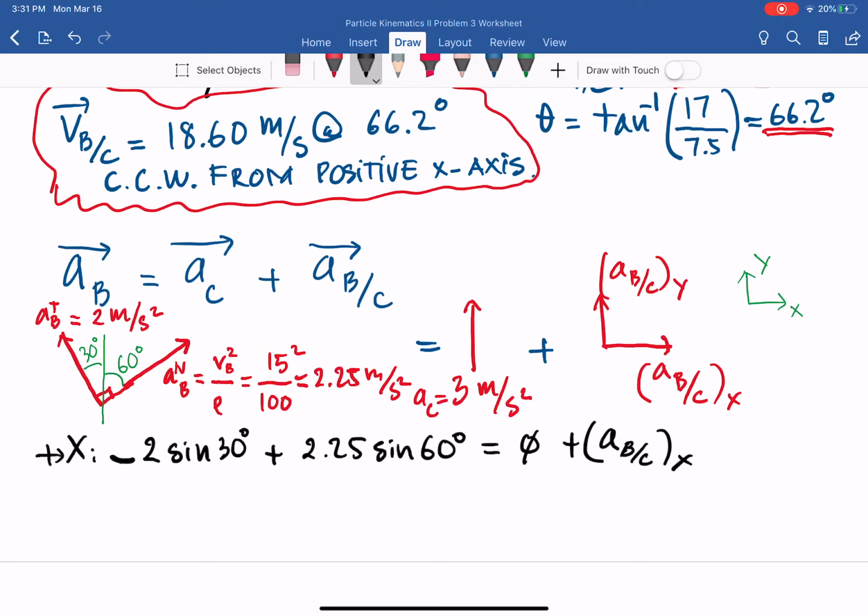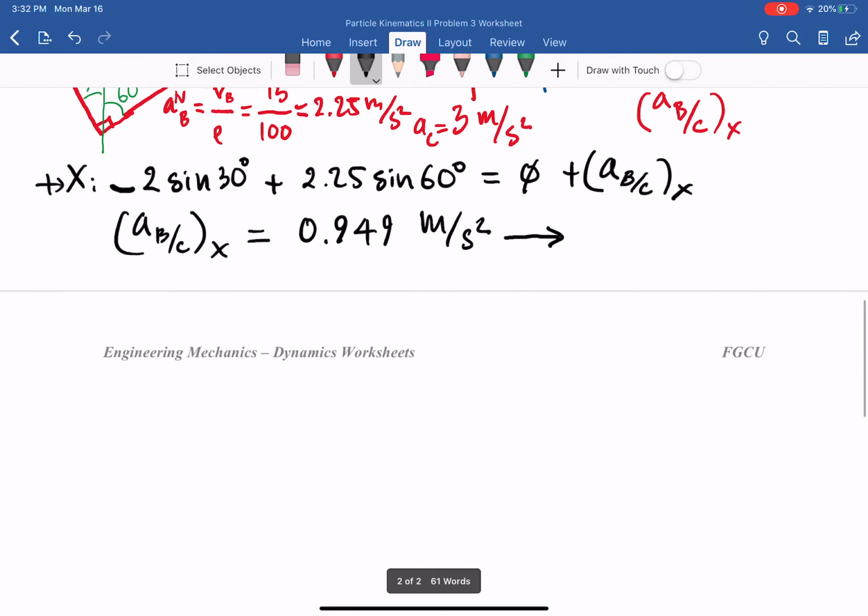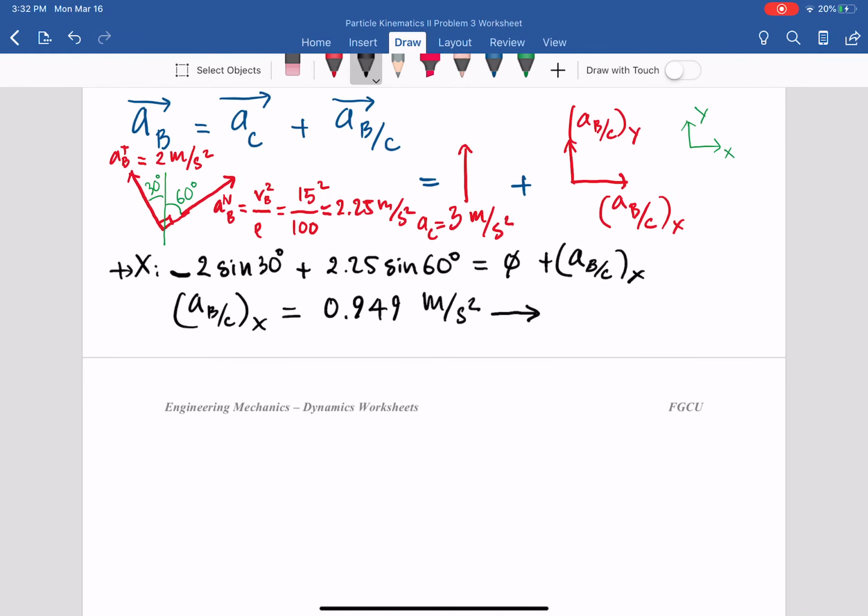From that, AB relative to C in the x direction equals 0.949 meters per second squared, and that is a positive number, so it goes to the right. That is the x component.